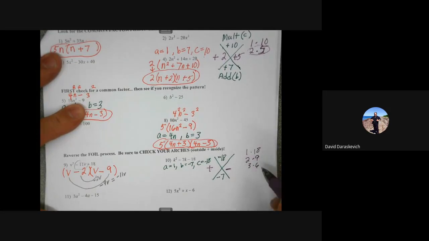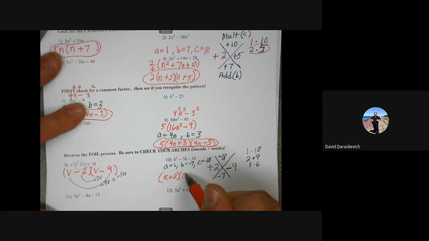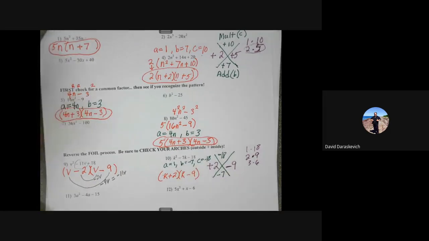I want the bigger number to be negative because it's going to have to be a negative as a final product. So I have negative 9, positive 2, and there's my factors: k plus 2 and k minus 9.